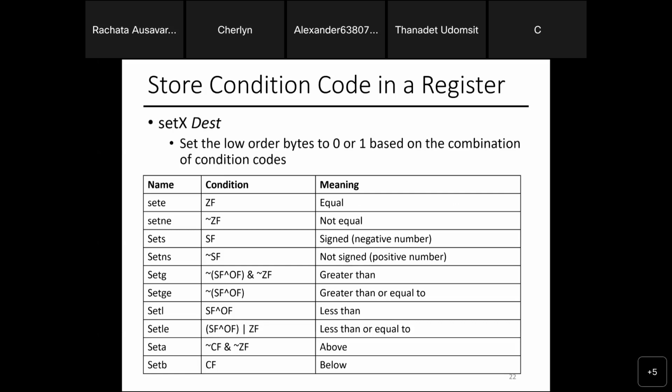The other thing you can do, now that you have the condition code, is this: the condition code cannot be saved. What I mean is, let's say I have instructions 1, 2, and 3. That's my program. I run 1, then 2, then 3.